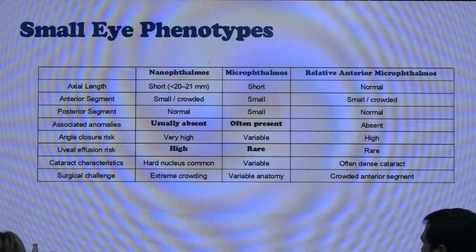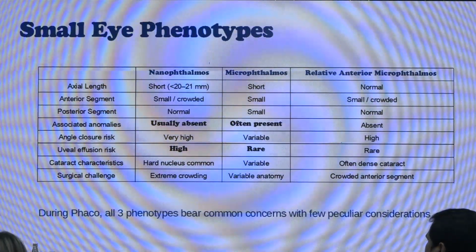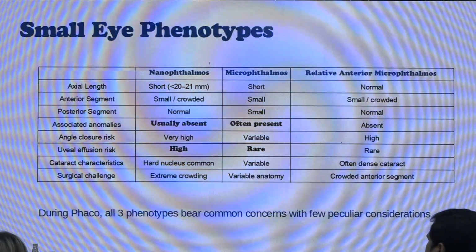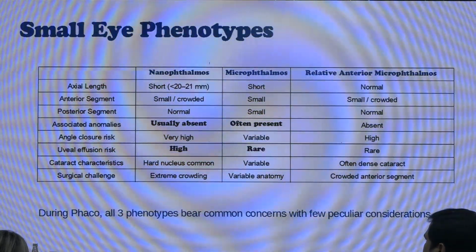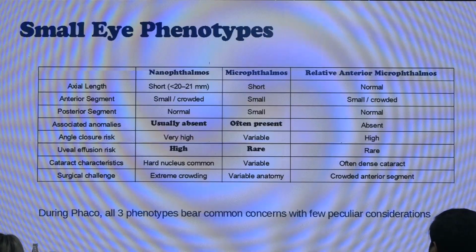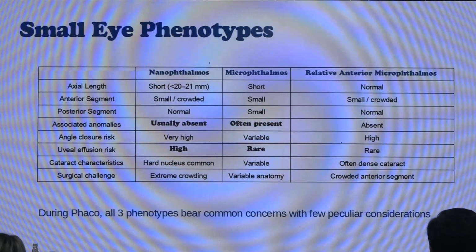In microphthalmos, it's actually a structural or developmental anomaly that is commonly present, for example an iridofundal coloboma or a persistent pupillary membrane, persistent fetal vasculature, or something like that. And they have a short anterior segment along with a short axial length.